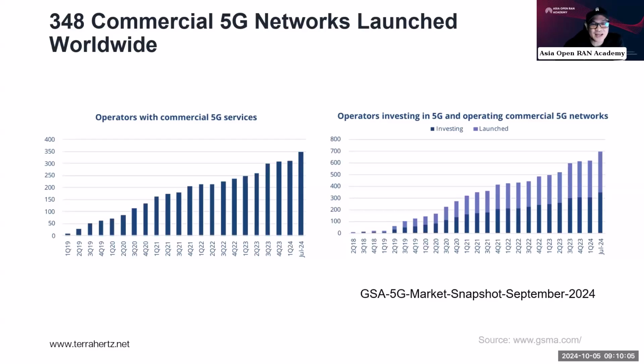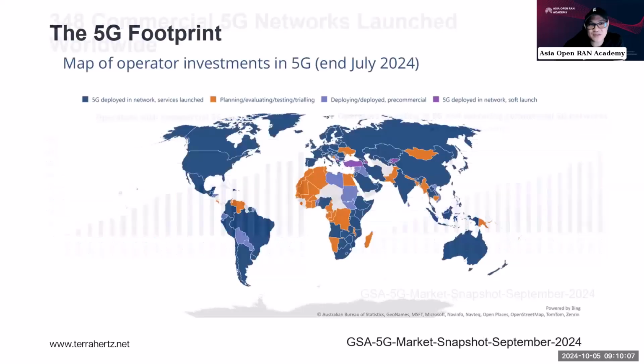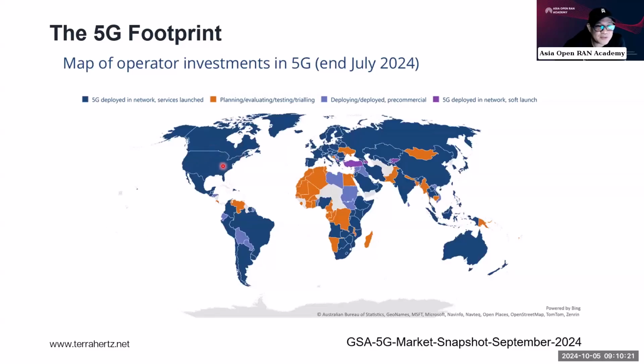So if you would like to see this on a map, so the 5G footprint, so this is based on July 2024, okay? So these are the map of operator investments in 5G. So end of July 2024, you will see marami na yung mga naka-deploy, especially sa US, but there are still areas planning, evaluating, testing, and trialing. Okay?